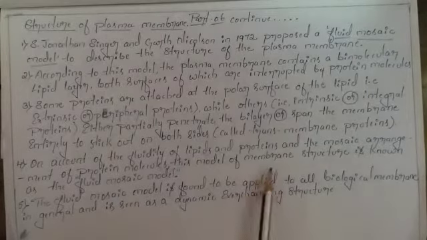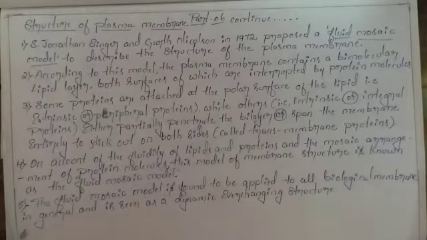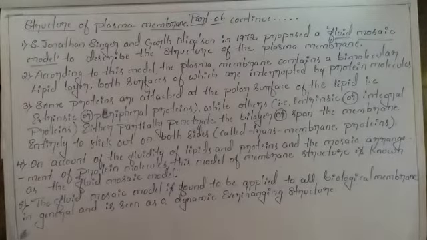It is a generalized structure that applies to all biological membranes. What is biological? Bio means living organism. It means that for all living organisms, the membrane is present as a boundary or outer layer.